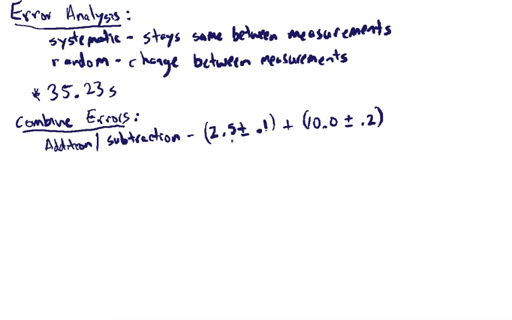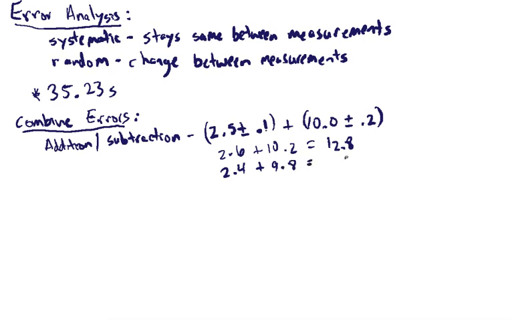Well, there's a big range that this could fit in. This could be as big as 2.6 plus 10.2, so on the high end, we might get 12.8. On the low end, this could be 2.4, and this one could be 9.8.